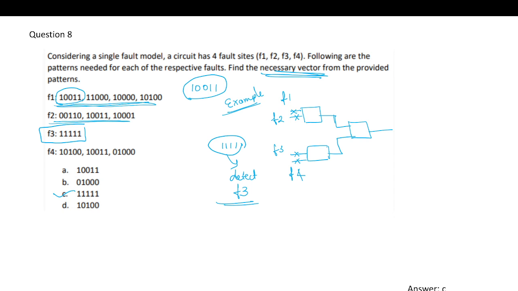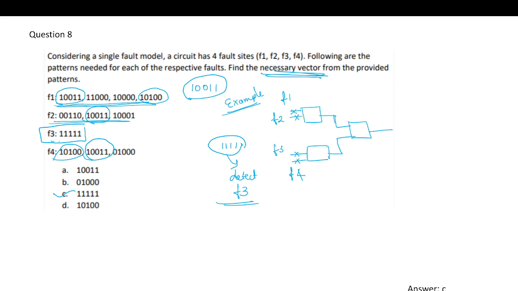And if I apply this vector, I can also detect F2. I can also detect F3. Similarly, I have a choice. Again, I can have some other vector that I can detect. Say I apply this vector, I can detect F4 also.